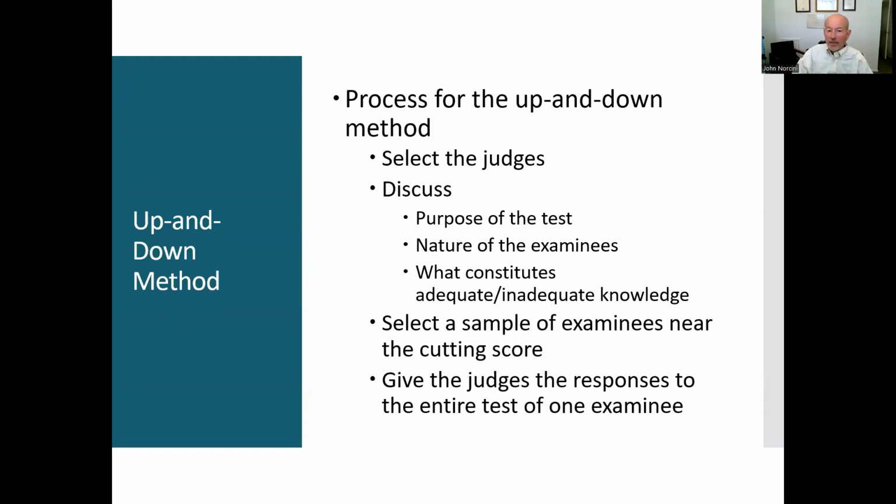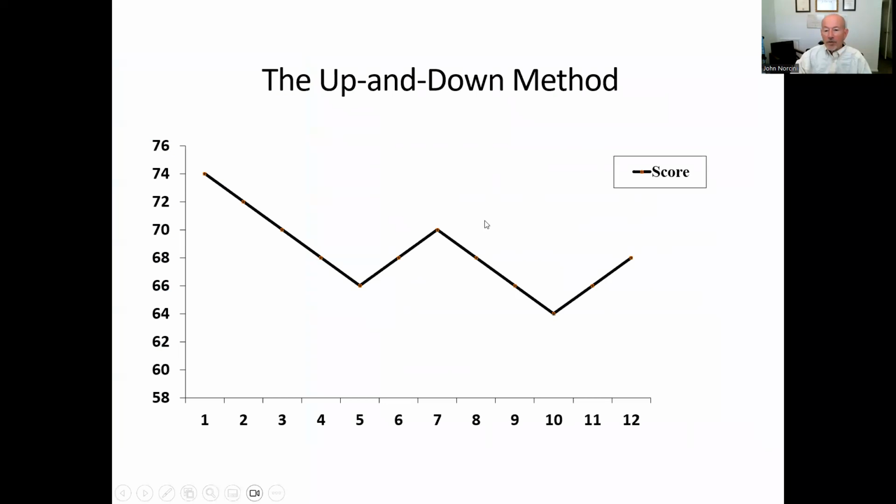And let me go to the picture, because I think it makes a little more sense to describe it this way. So this is a test with 80 or 90 items on it, 100 items on it, something like that. And I'm running the meeting.